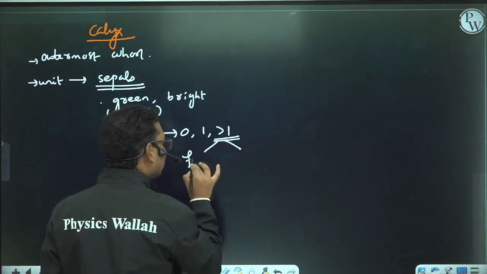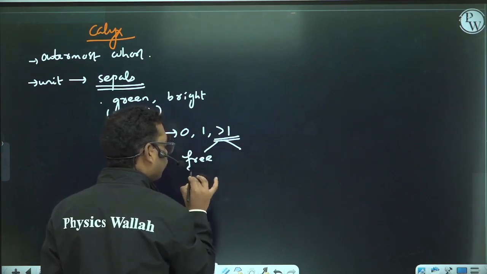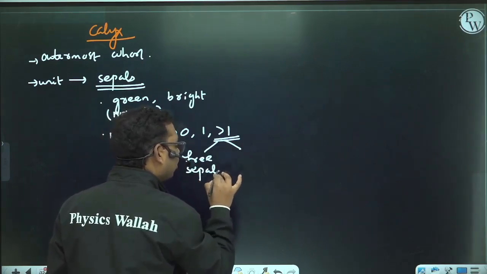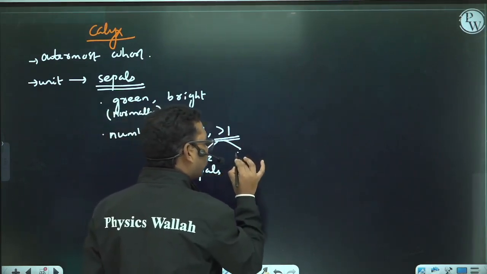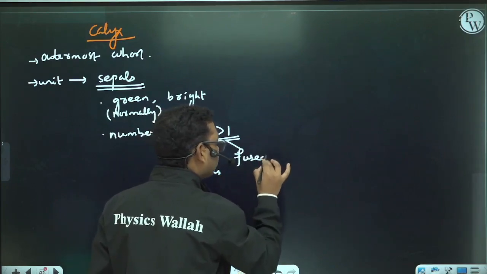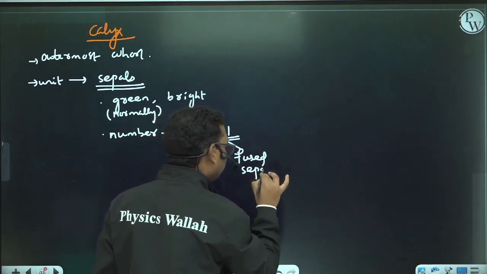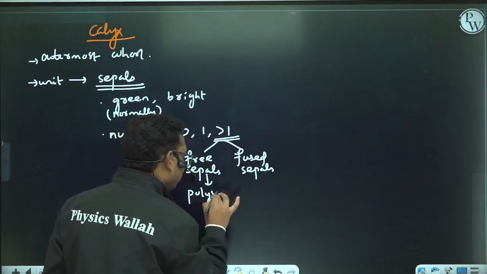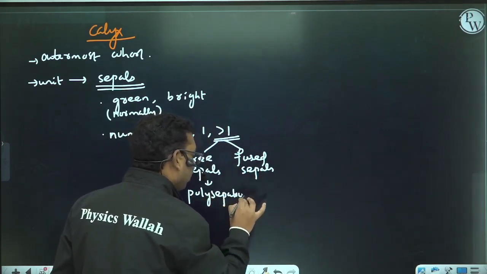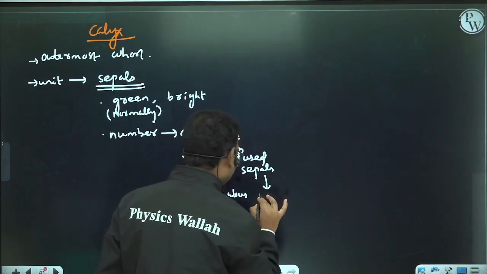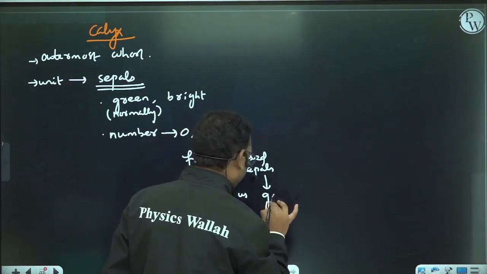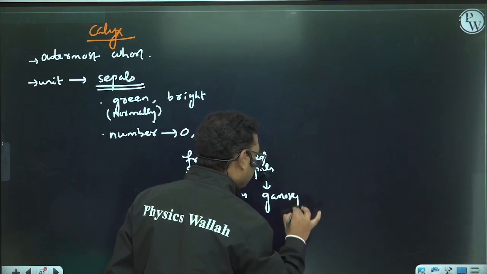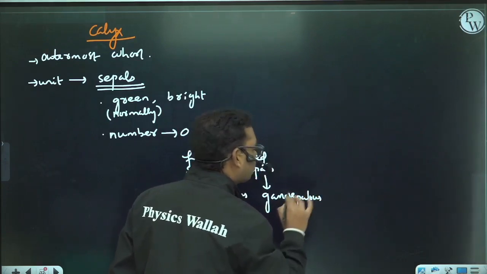One condition is where the sepals will be free, and another condition where the sepals will be fused. If the sepals are free, we call that condition polysepalous, and if they are fused, we call that condition gamosepalous.